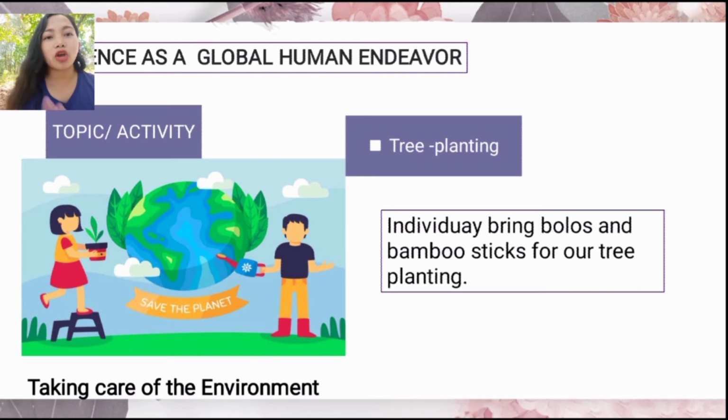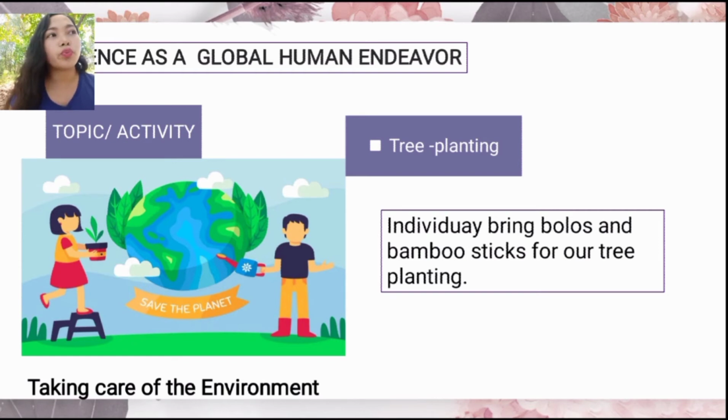So why taking care of our environment? Because as of today, we really have different technologies. We almost have everything. Our world is more on technology, and we tend to forget that Earth, our planet, needs cultivation.